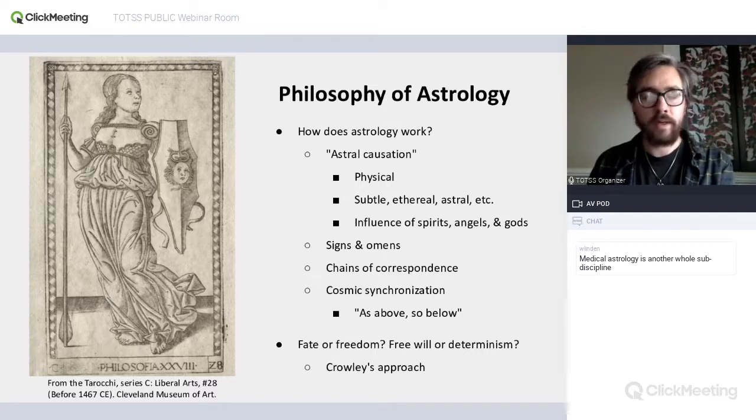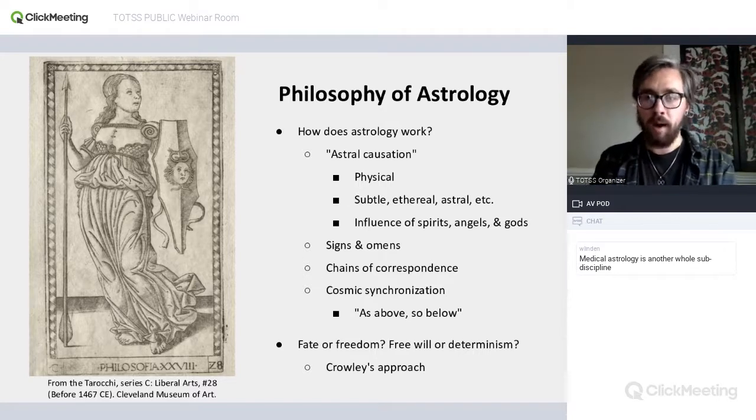This can happen physically. In the modern world, people often talk about light and gravity and things like that happening. And even this goes way back, like Ptolemy, who was an important astrologer, who was philosophically an Aristotelian. He thought about this happening physically as well, especially through the idea of the temperament. He would say that, because Mars is hot and dry, when Mars is prominent in the sky or prominent in a chart, it heats things up and dries them out.